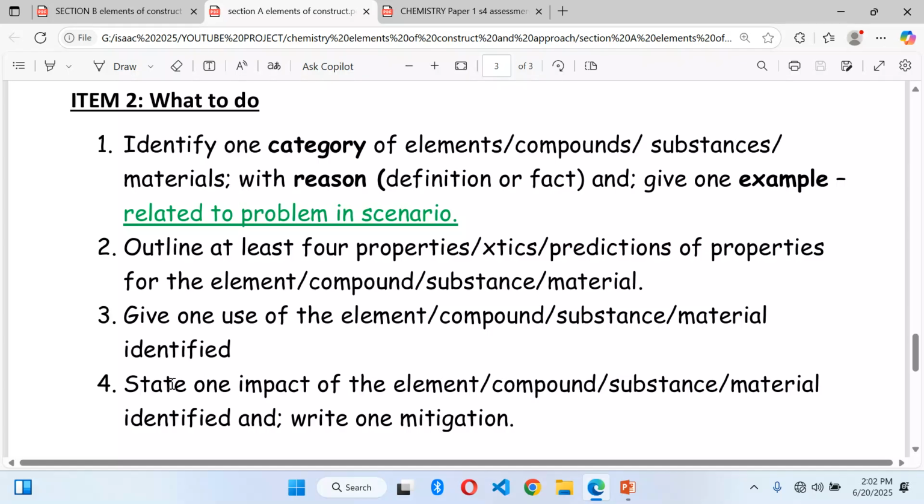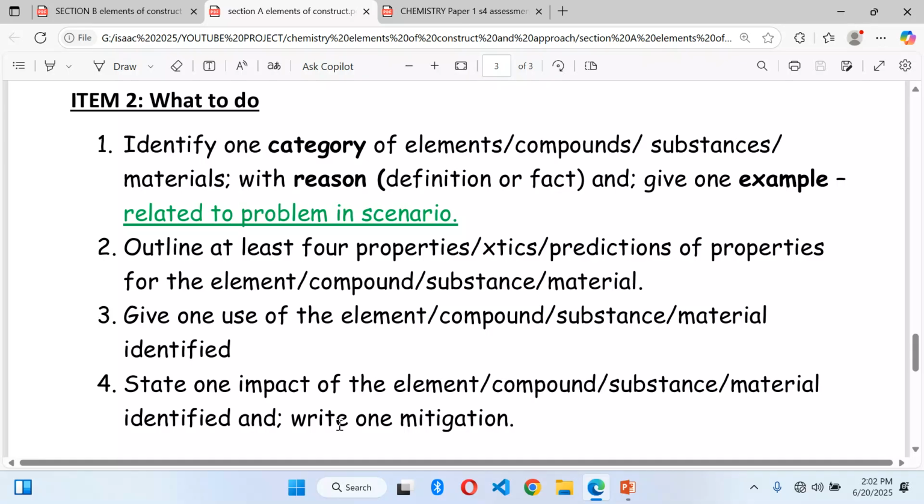Then finally, you give the impact of the substance identified and write the mitigation. We write also the mitigation. Mostly some people make a mistake and they forget to put the mitigation when they talk about the impact. So it's good for us to put the impact, of course, we are looking at the negative impact, and then the mitigation.